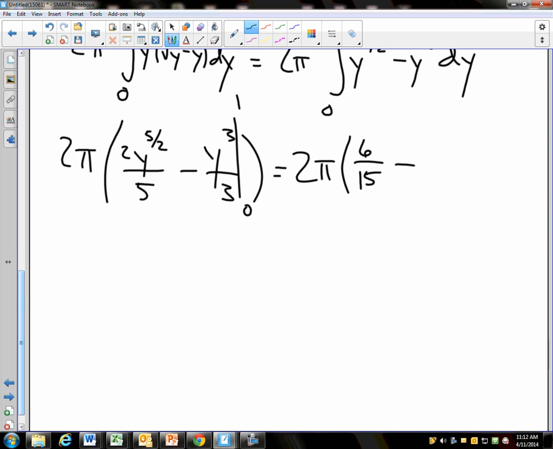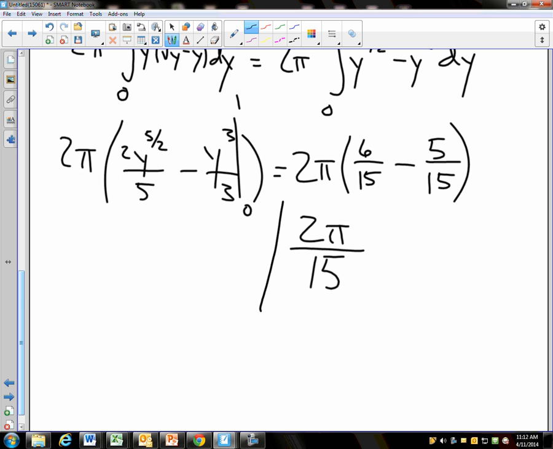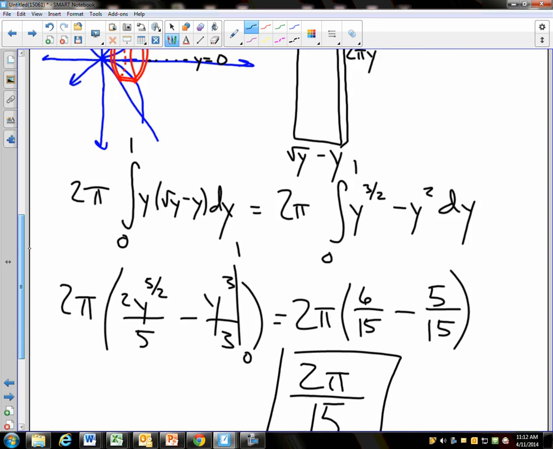What's 1 to the 3rd? 1 divided by 3. 1/3, turn into 15ths. 5/15. So we get 6/15 minus 5/15 is 1/15. So you end up with 2 pi over 15. That is the exact volume of that shaded region rotated around.